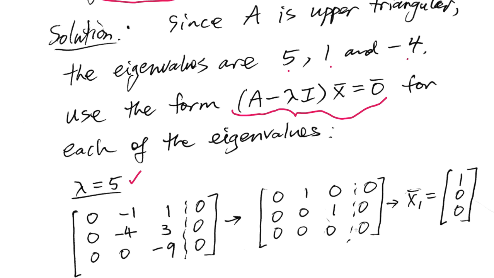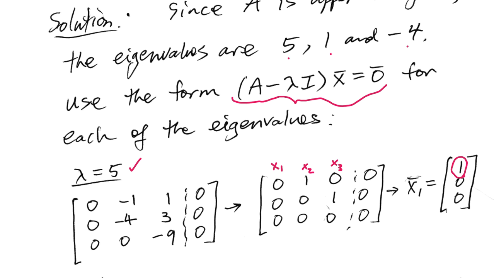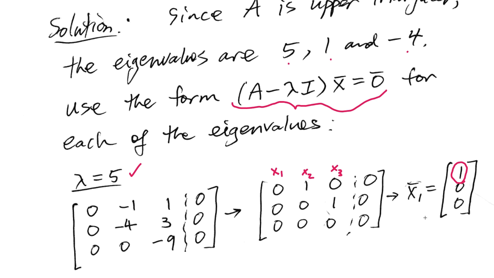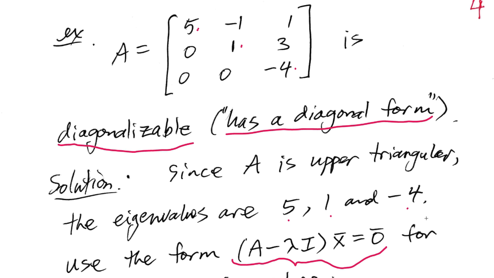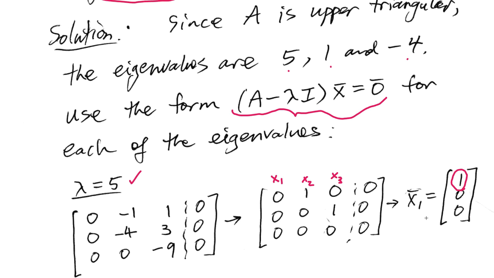You can see this would indicate that x sub 2, the second component, and x sub 3 both have to be 0. X sub 1 is free though, so I just took an easy value and made it equal to 1. But x sub 2 and x sub 3 have to be 0. Now you could double check that this is actually an eigenvector. I didn't go through that, but it's pretty easy.